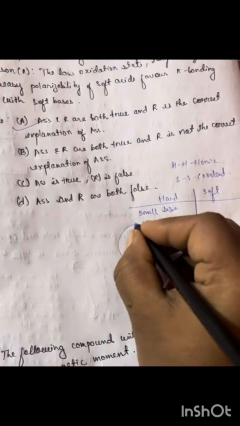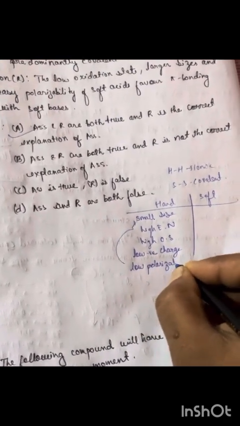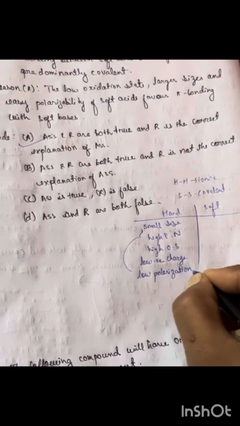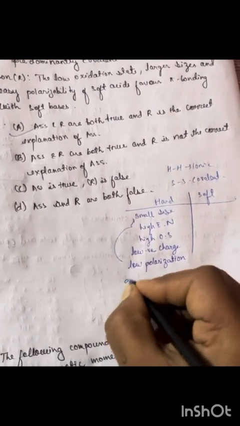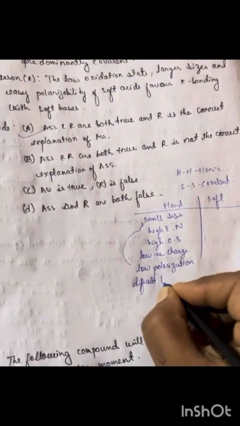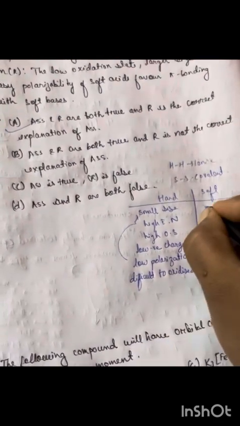With respect to size, right? Low polarization, you write it. Next, very important: difficult to oxidize. Very important point. For soft, you remember what?